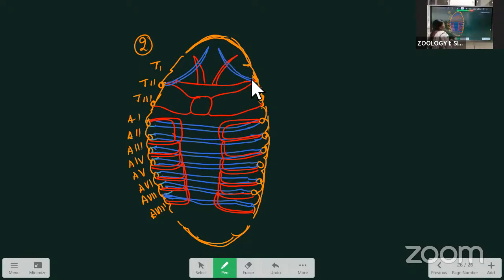Blue color is the dorsal side. The red color is the ventral.